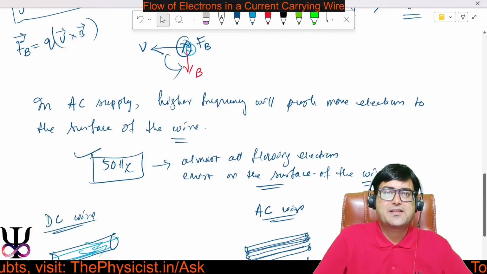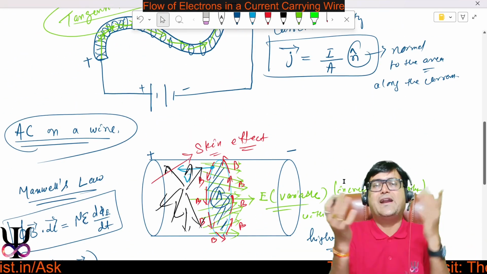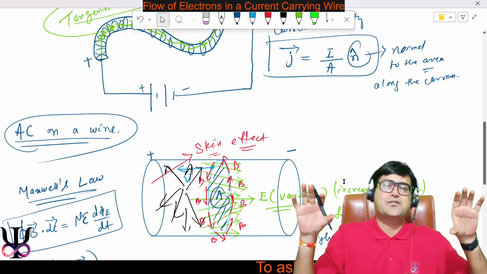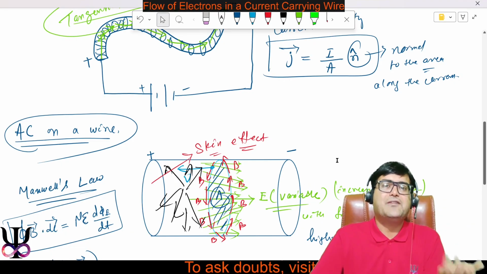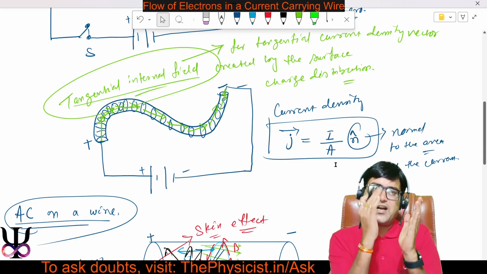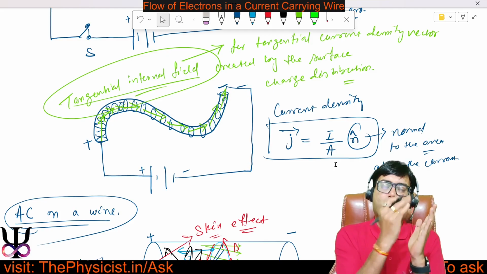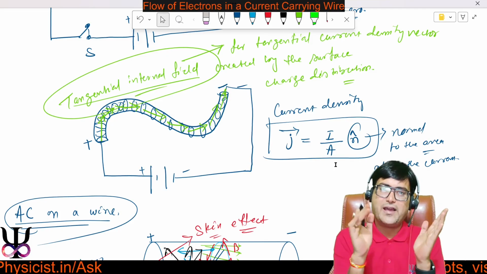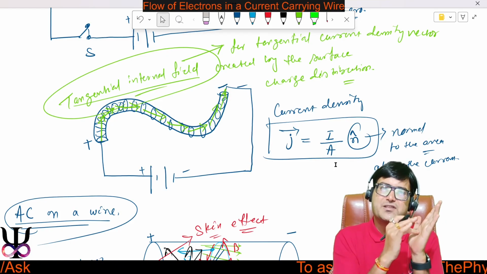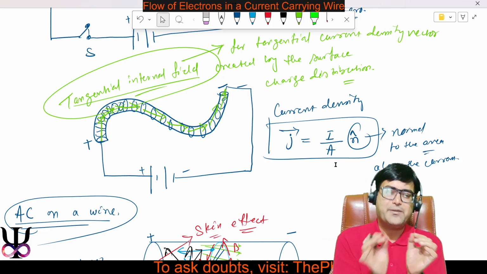Again, when you bend a wire, you might be thinking, if it's a straight wire, it's fine, but what if I bend it? Even if you bend a wire, you can see the ring-like distribution of charges, coaxial with the wire. That happens infinitesimally.